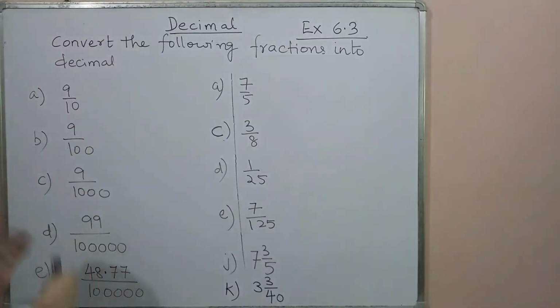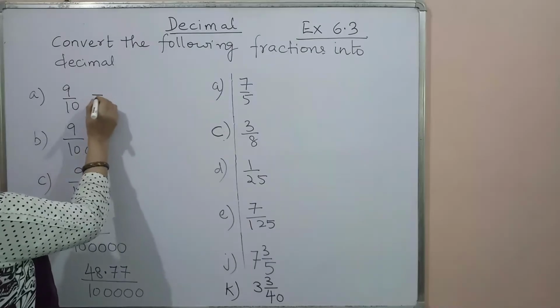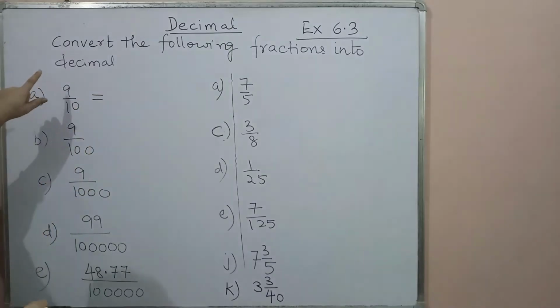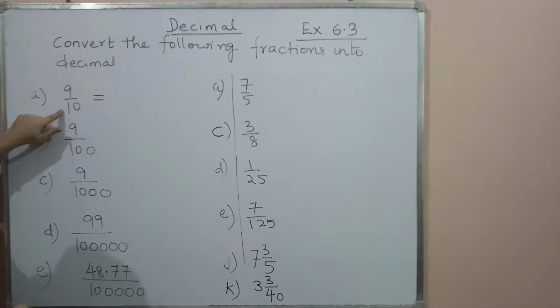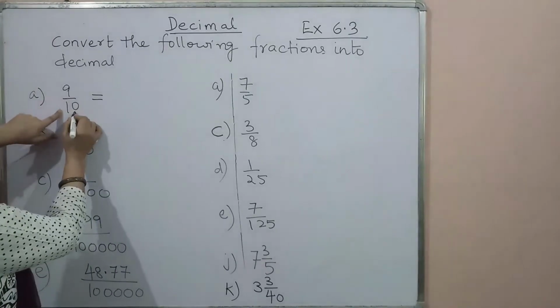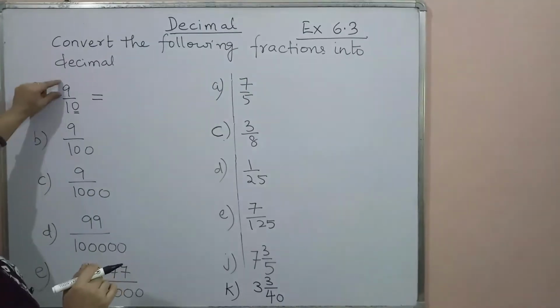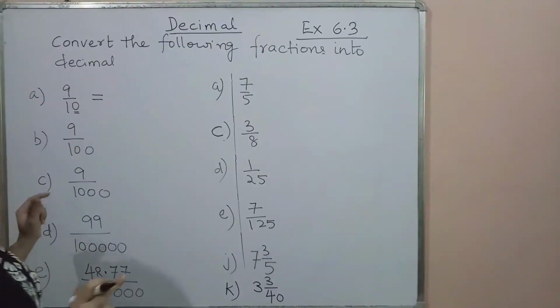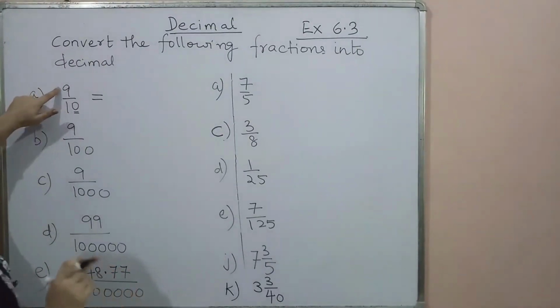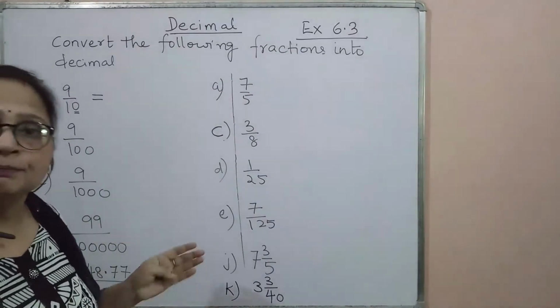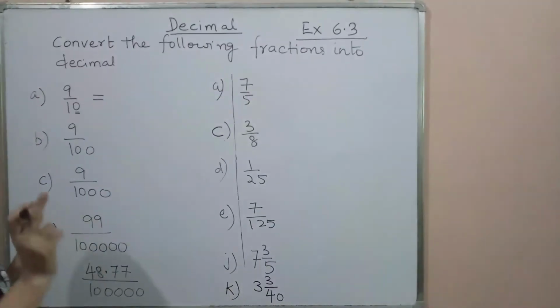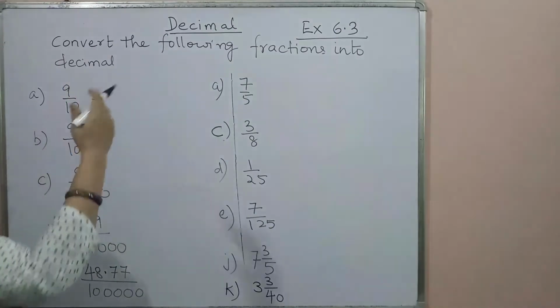Let us do this first set of numbers first. If we want to divide a number by 10, what is the literal meaning of division? 9 is divided into 10 parts. That means you are not going to get 90 or 900.